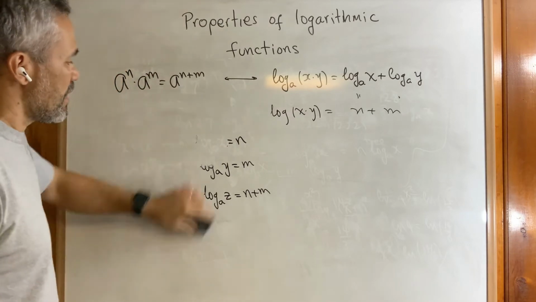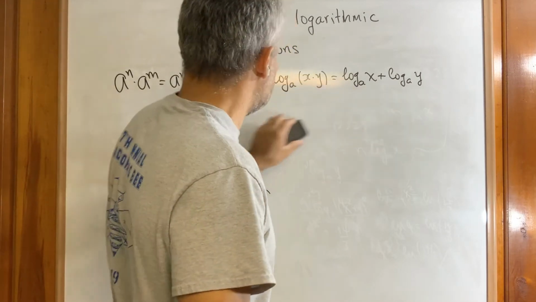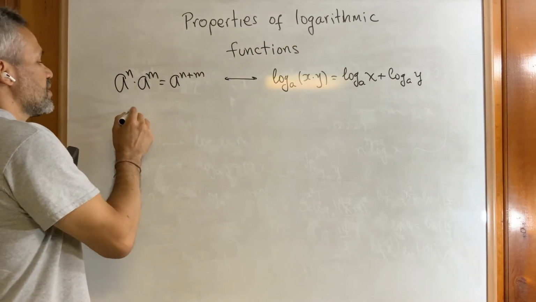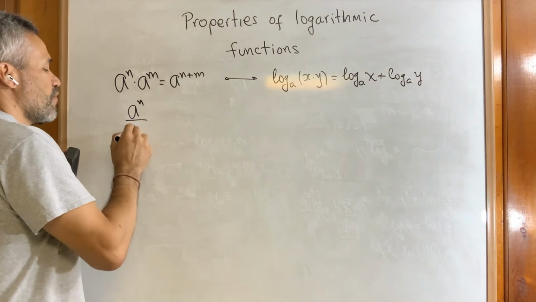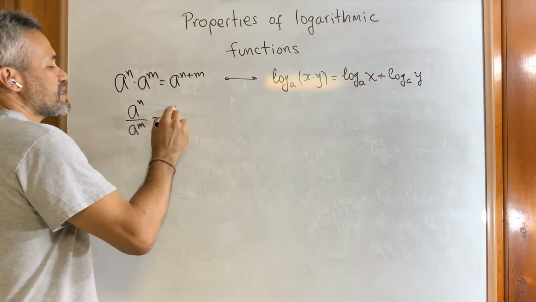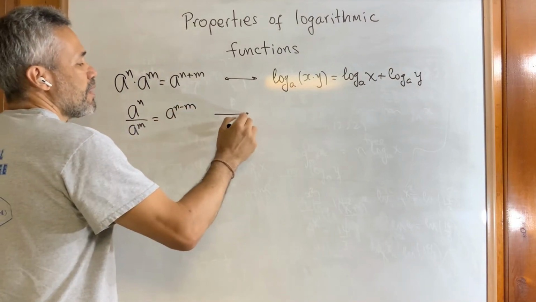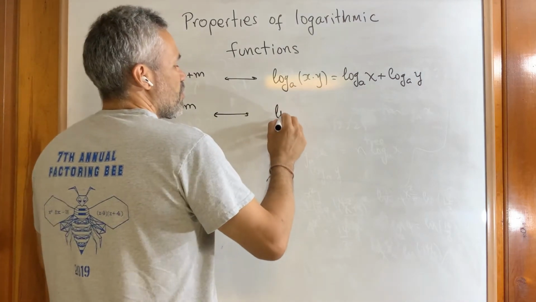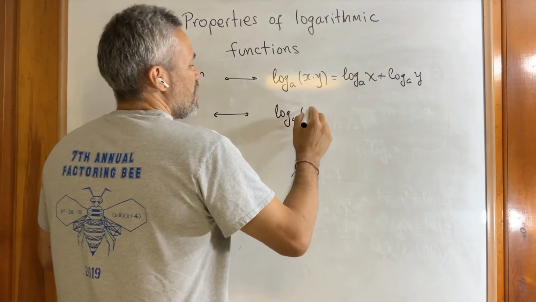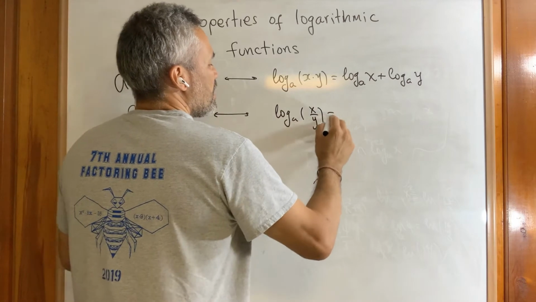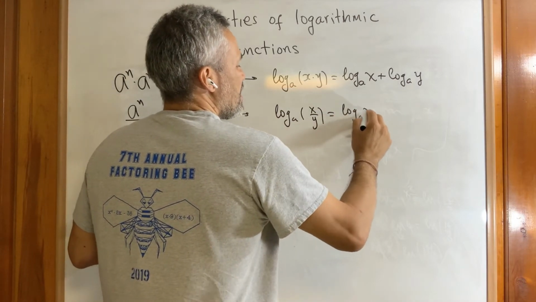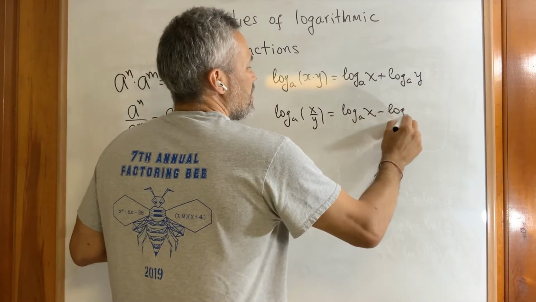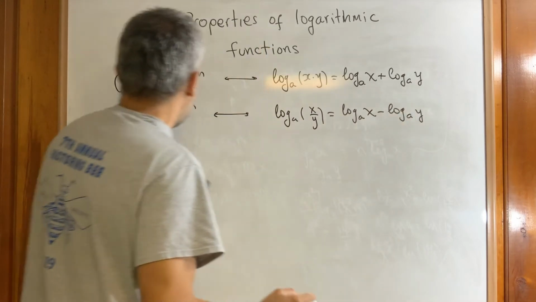In the same way, we can see how this property, a to the n over a to the m, which is a to the n minus m, goes with this property: log in base a of x over y is log in base a of x minus log in base a of y.